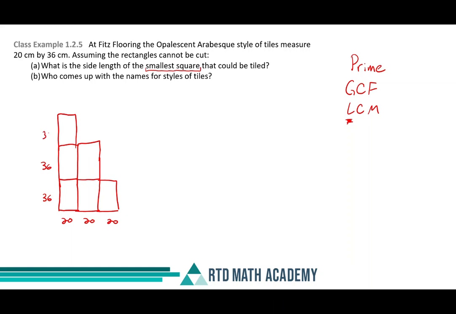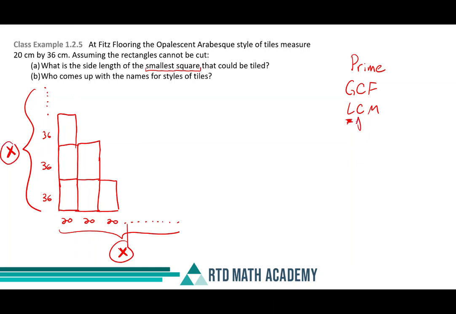But what I really want to know is how many of these tiles I have to place in this direction in order to get to a side length that's going to be the same as this side length, because we know we want it to be a square. So how many do I need to go this direction and how many in this direction for us to find a common number?